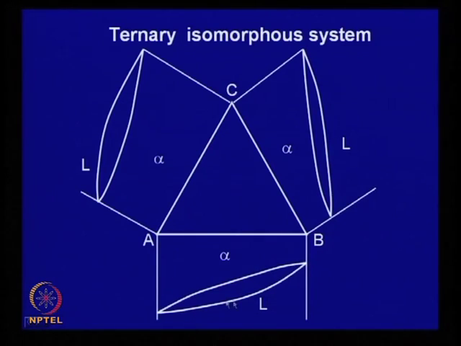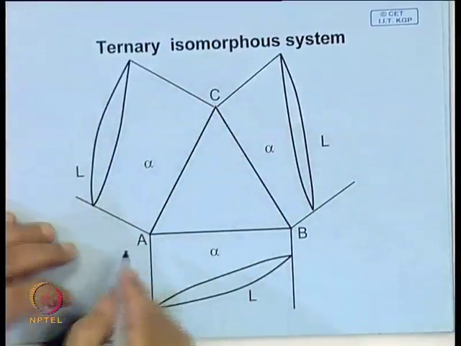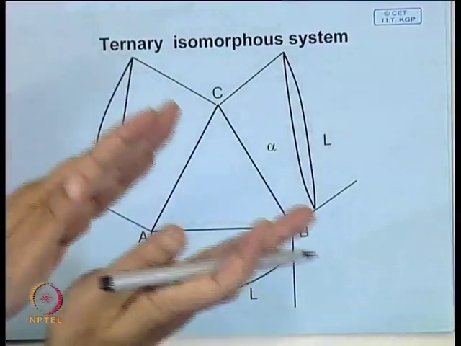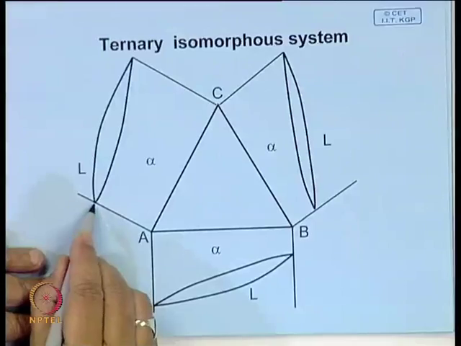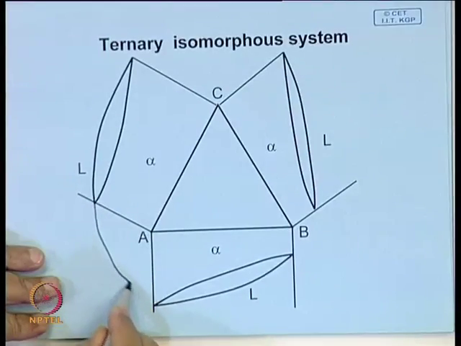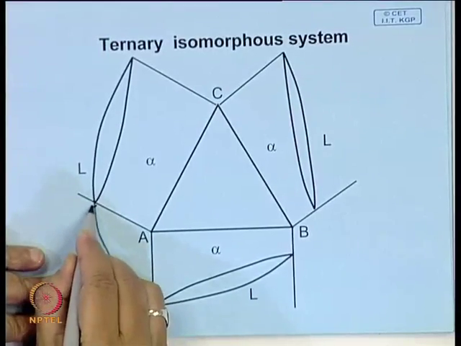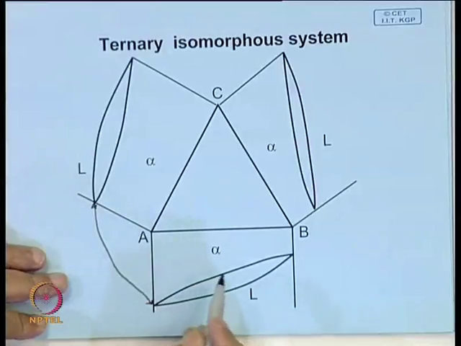Similarly, we do the same thing over here. This melting point and this melting point are exactly the same. Suppose you cut this diagram and try to fold it up. This point and this point are exactly the same, so they will meet each other.